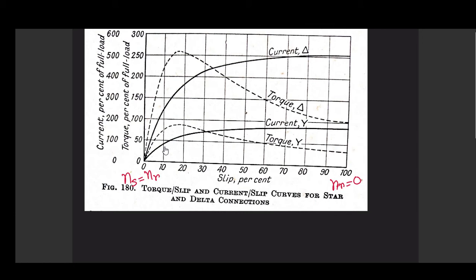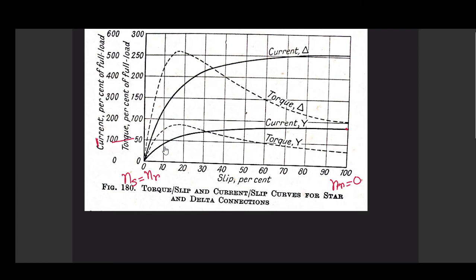You can see for the delta connected stator the value of current is very high, and even for the star connected stator it is high, and gradually it reduces to the limit. For the star connected stator, this is the current scale, right?